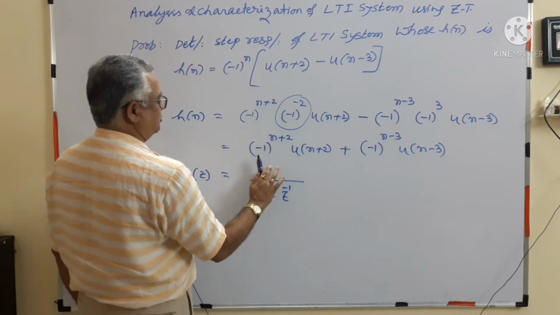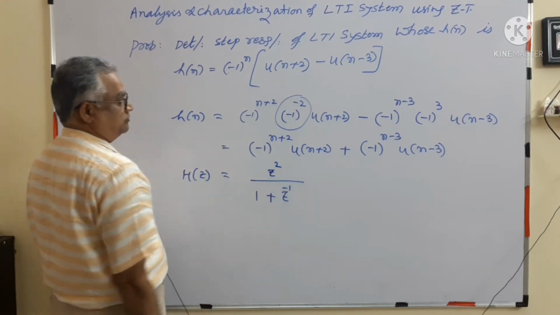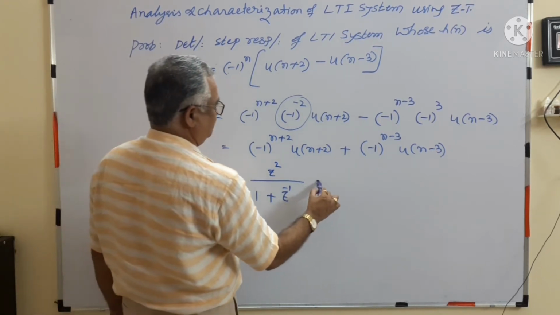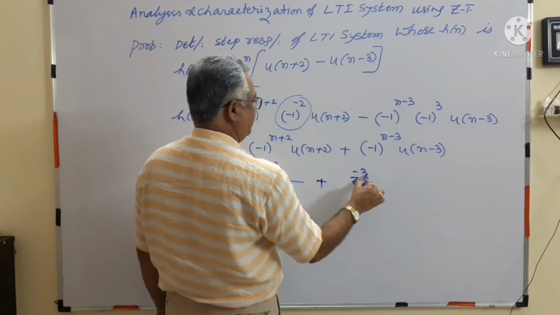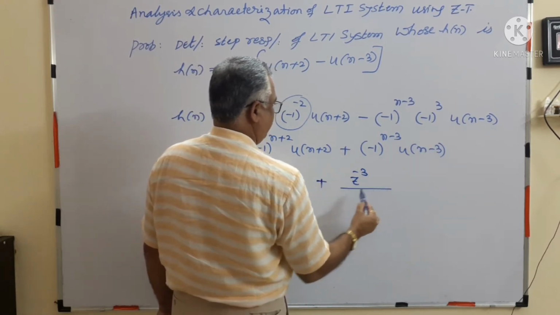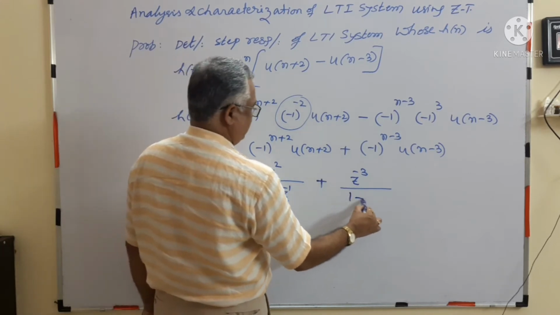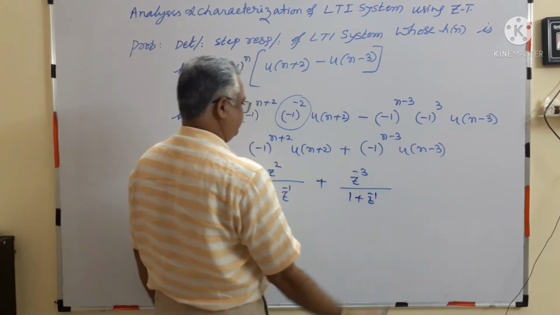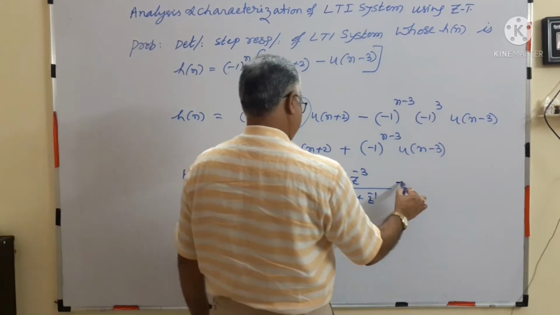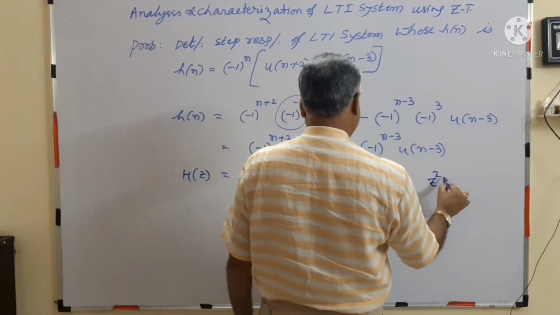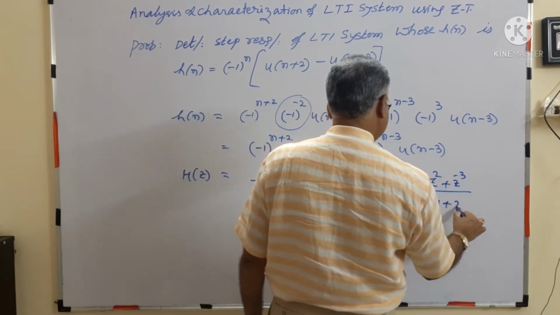Here plus 2 gives z square. Plus here z to the power of minus 3, by 1 plus z inverse. Okay, this is H(z). So H(z) is z square plus z to the power of minus 3, by 1 plus z inverse.